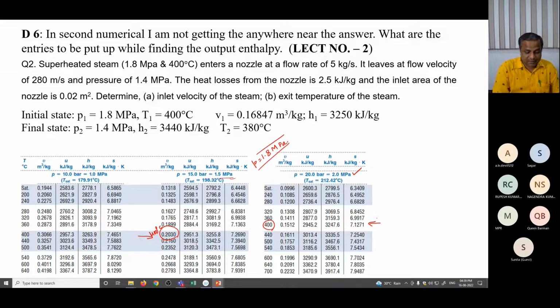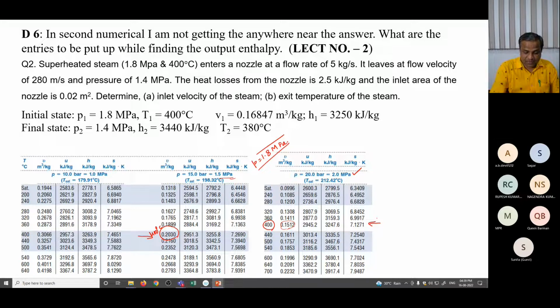You have to take the data for 1.5 megapascal, then the data for 2 megapascal. For specific volume, data can be taken from these two numbers, and we try to find the relative weightage between these two.